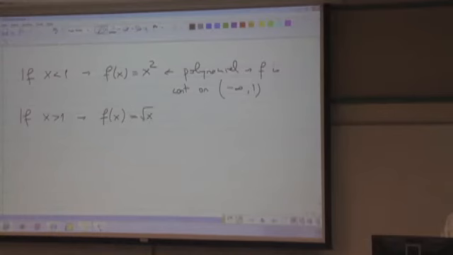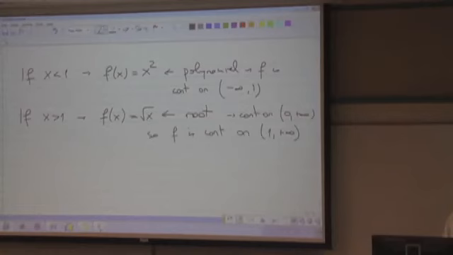If x is bigger than 1, f of x is the square root of x. And so this is a root function, right? Continuous on its domain. The domain of square root of x is anything above 0. 1 to infinity is clearly in that interval, right? So the root is continuous on 0 to plus infinity. So f is continuous on 1 to plus infinity.